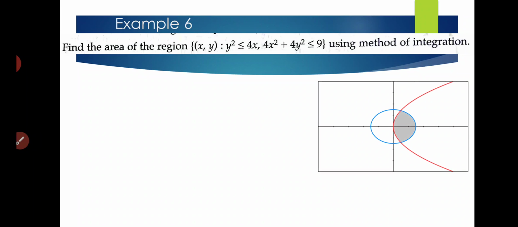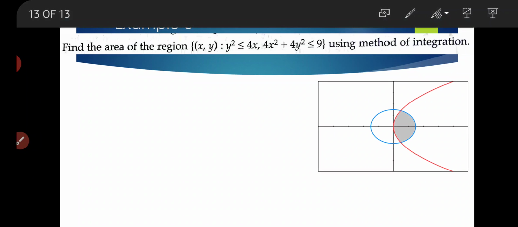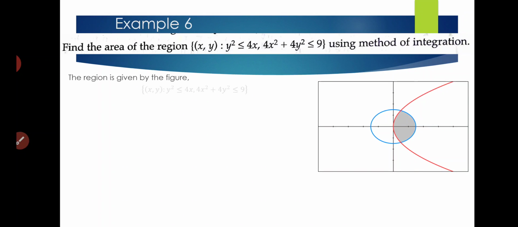So I have a circle and a parabola, and I am trying to find the area bounded between these two figures. Now again, the idea is basically the same as the previous problem. First we need to find out the points of intersection of these two figures. If we solve the two equations simultaneously, we'll see that the points of intersection come out to be half comma plus minus root 2.